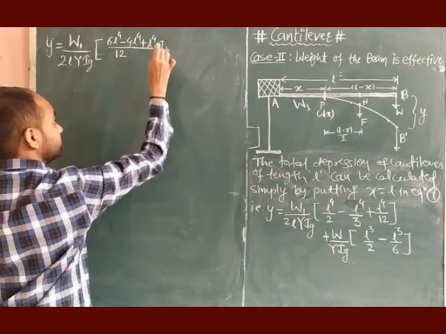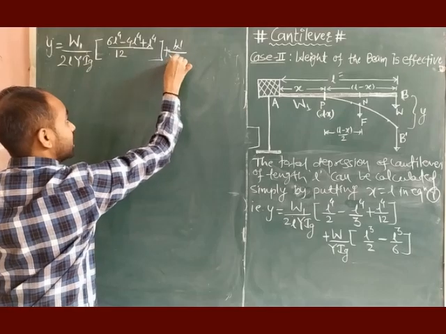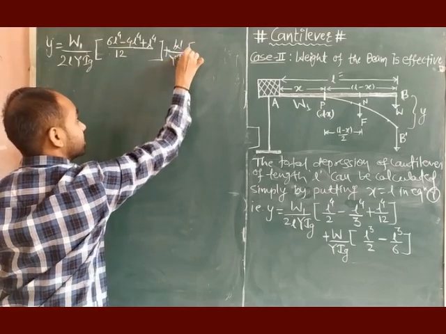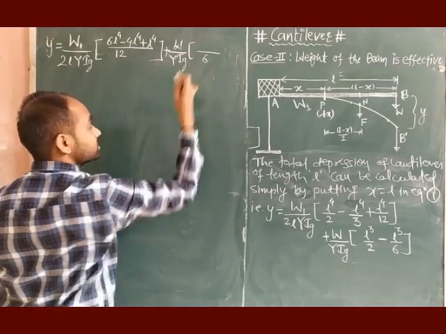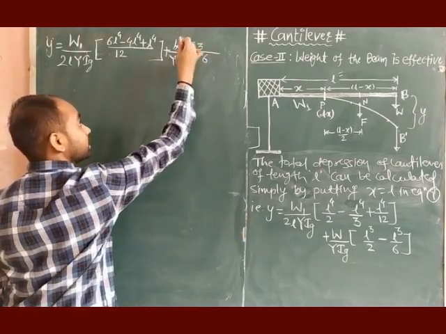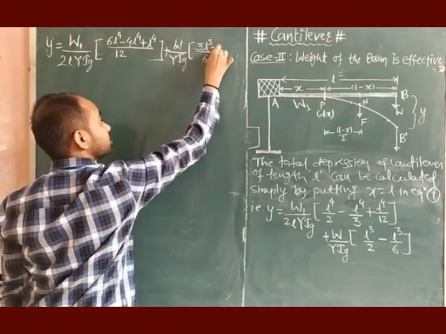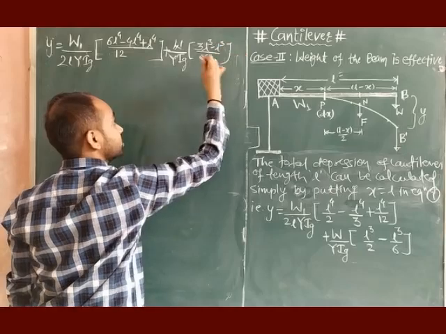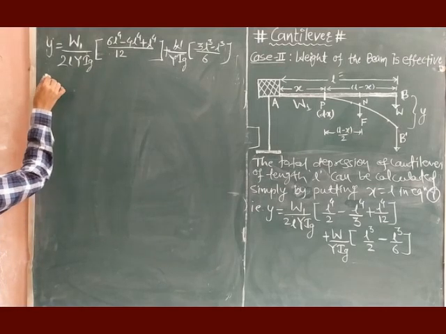Plus second term W divided by YIG in bracket. Again we will do here similarly. In the denominator we will have 6. So 2 3s are 6. So 3 into L cube and minus L cube, because 6 1s are 6. Okay, right. Now let us do the subtraction and addition.